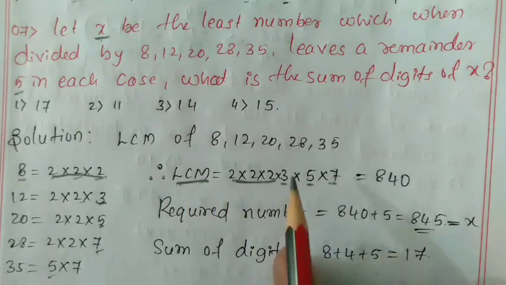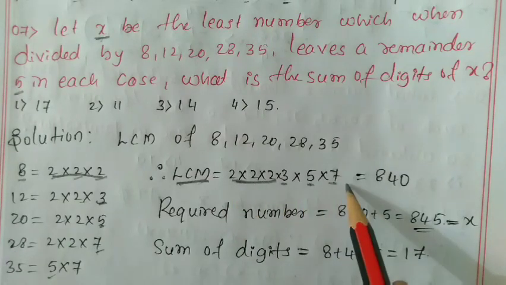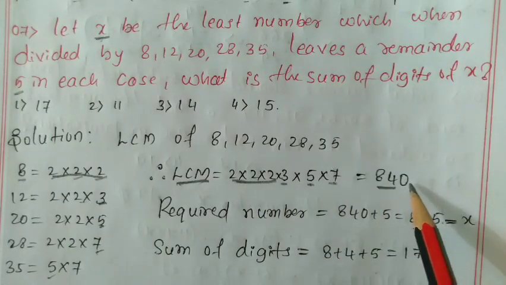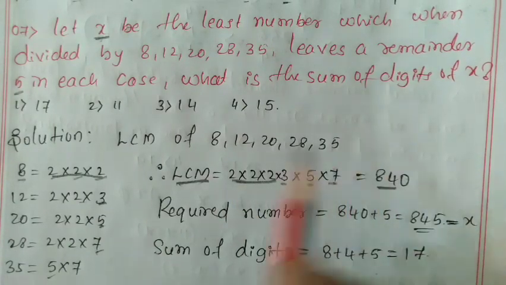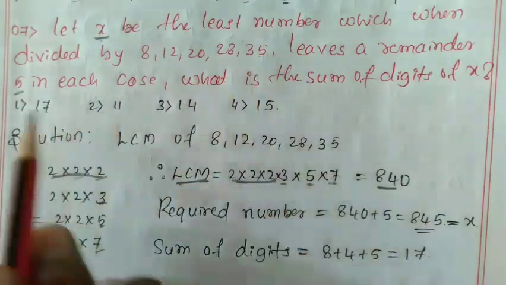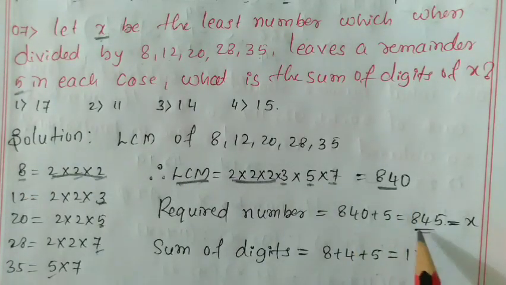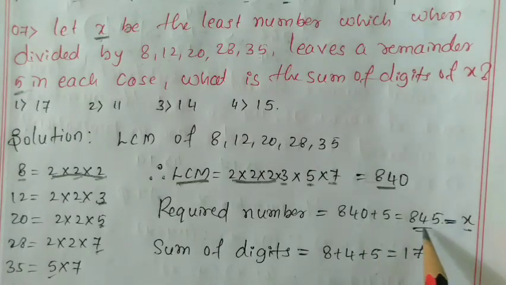LCM means least common multiple. Okay, so next you can multiply all this. When you multiply, you will get 840. This is the LCM of 8, 12, 20, 28 and 35. Okay, then you can add 5 to this. Okay, 840 plus 5 is 845. So here we got the x value, that is 845.